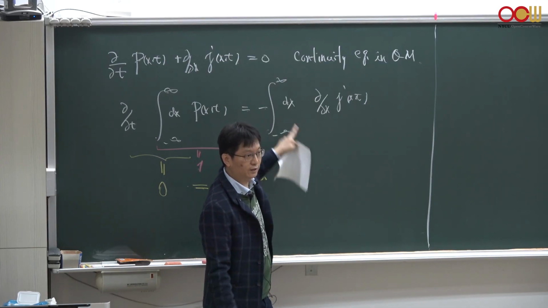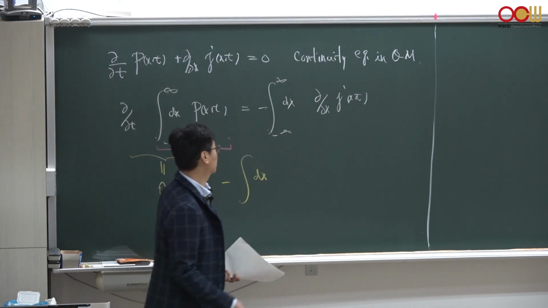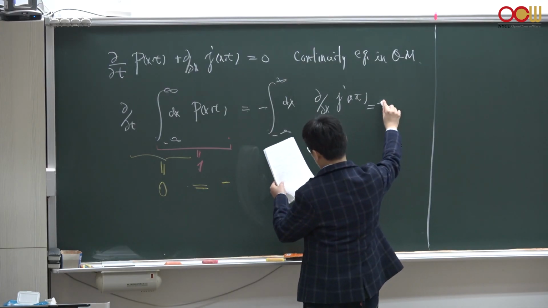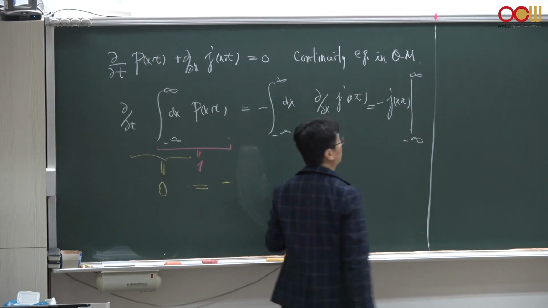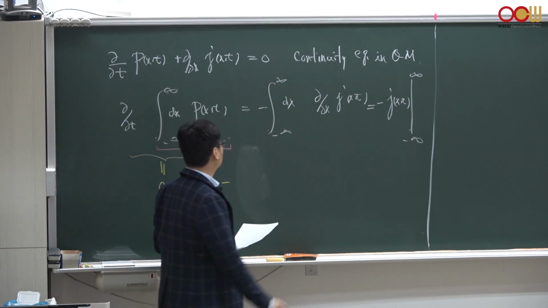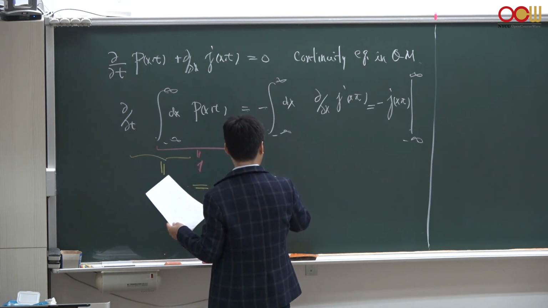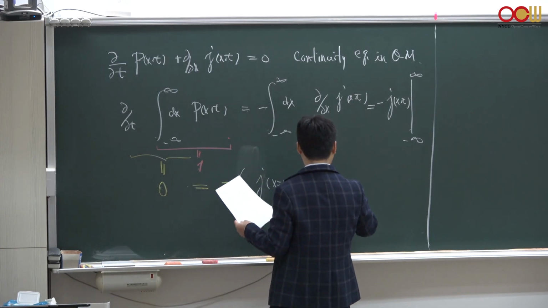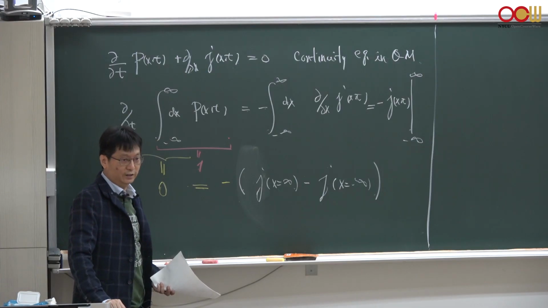So you end up evaluating the difference between these two boundaries, given by minus j(x,t), which is j(infinity) minus j(minus infinity).